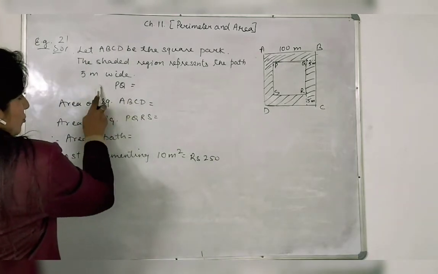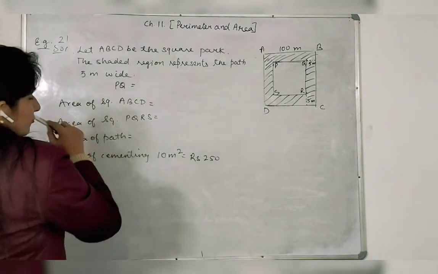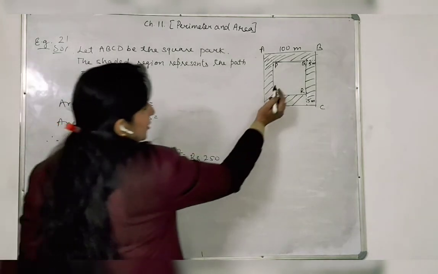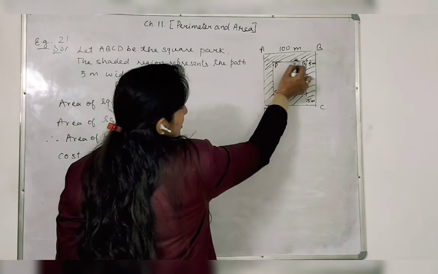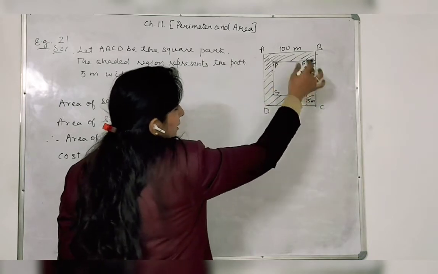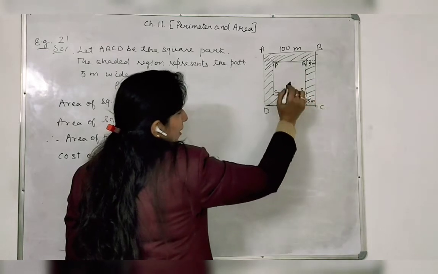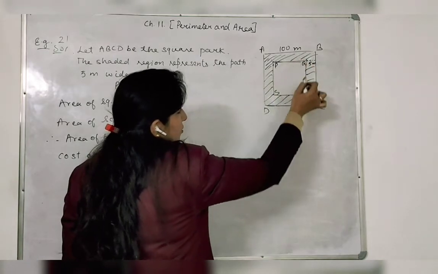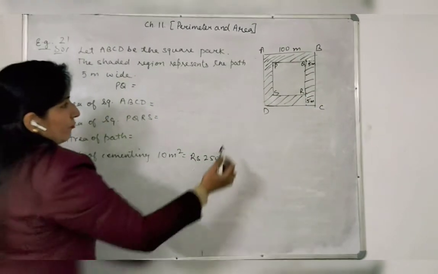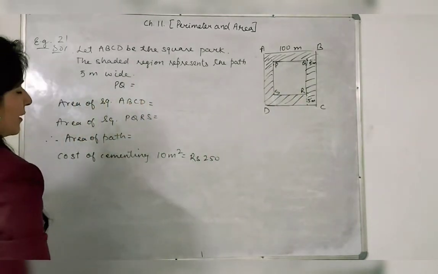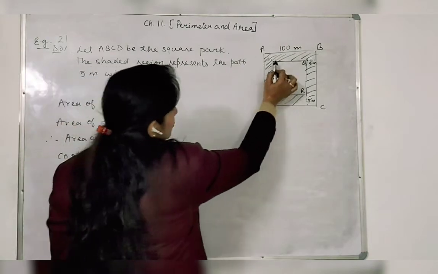Now first of all, to calculate the area of the path, we should know the side PQ. If we have the areas of both the squares, then we can get the area of the path after subtracting the inner square from the outer square. So for that we should have the measurement of side PQ. How can we calculate PQ?